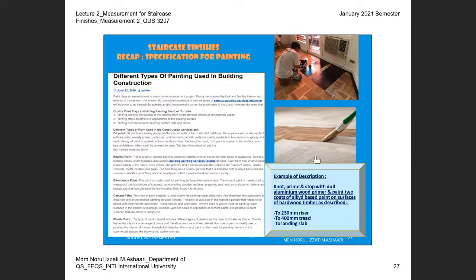So originally this is your timber, and then you need to put 1 layer of varnish. If only 1 layer, then you put 1 layer. If there is no information, you can assume that everything is in 3 layers. Okay, so that would be the end of the staircase finishes measurement at the moment.